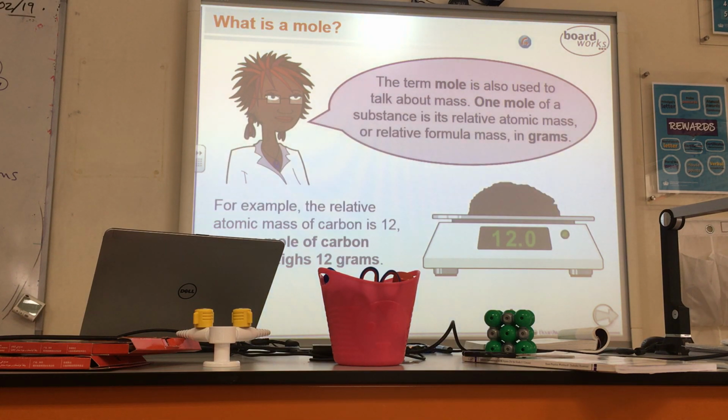No. If I have got that, how would I work out the number of particles? If 1 mole equals this, I just need to times that by this to work out how many particles are in that. That makes sense? Yeah?